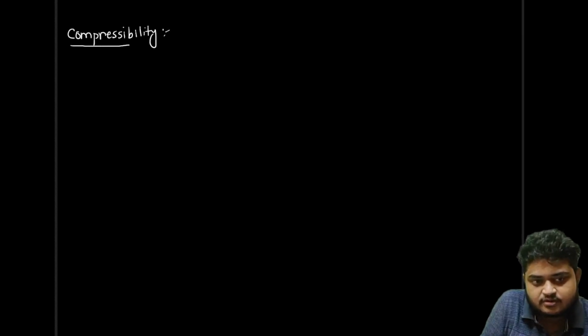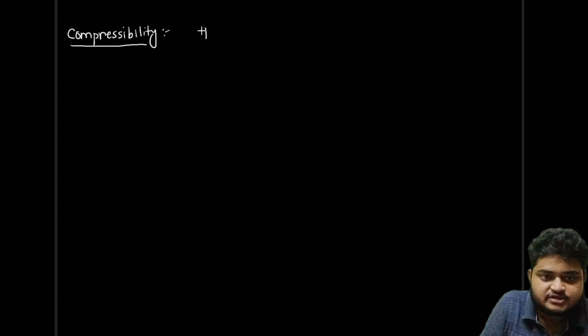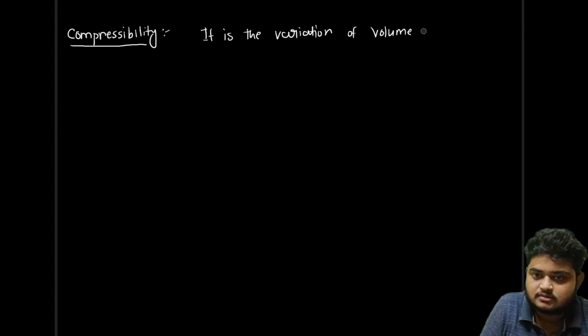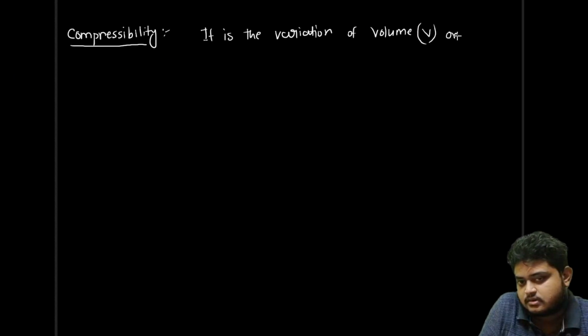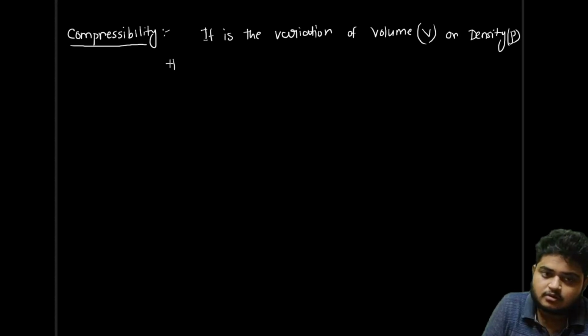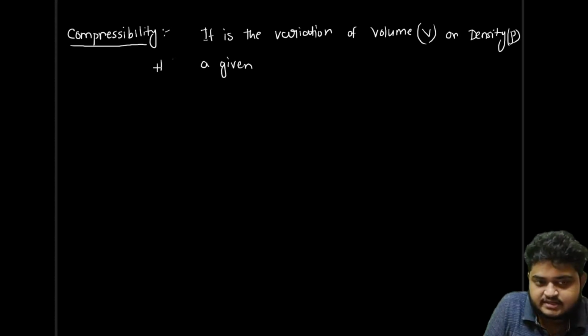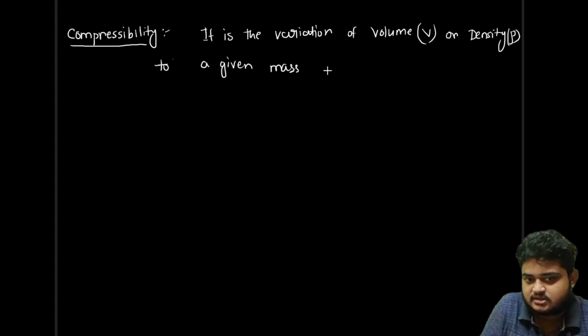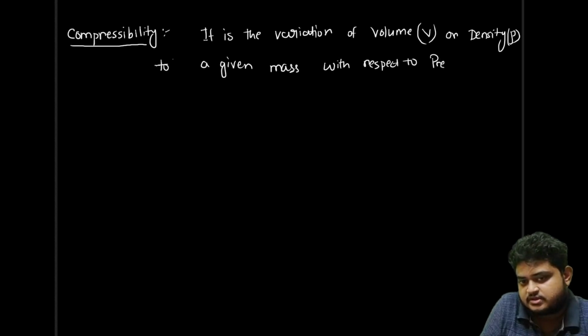It is the variation of volume or density for a given mass with respect to pressure. This means the mass will be constant for compressibility.